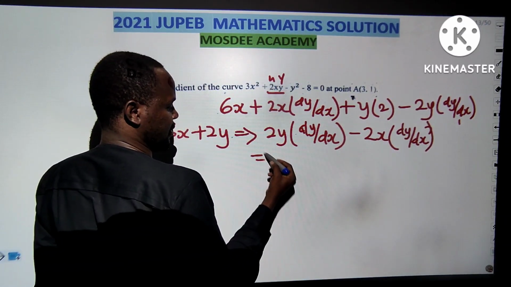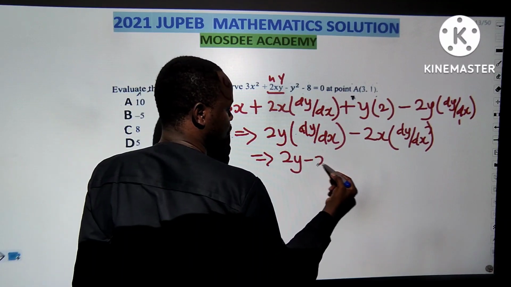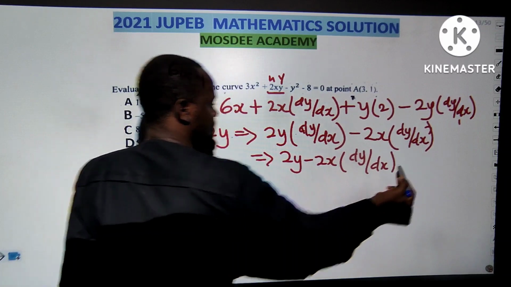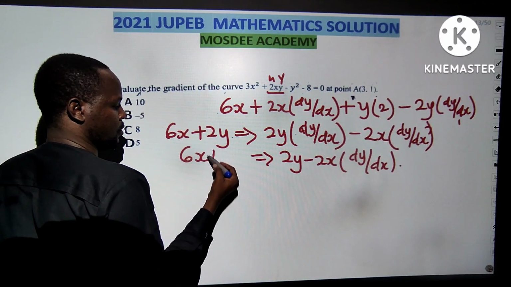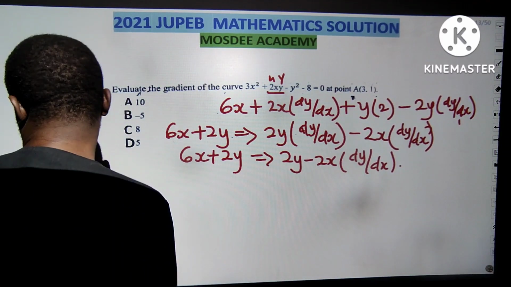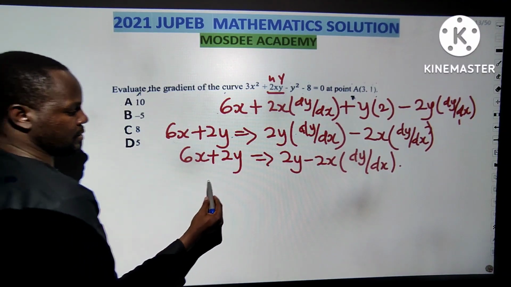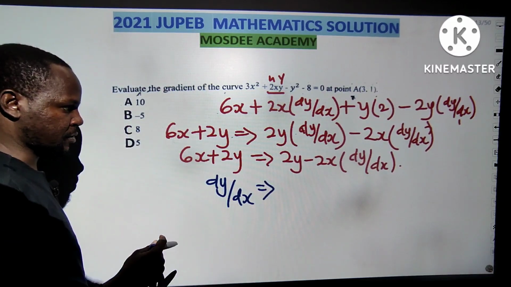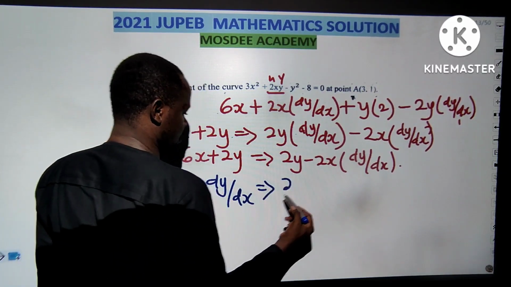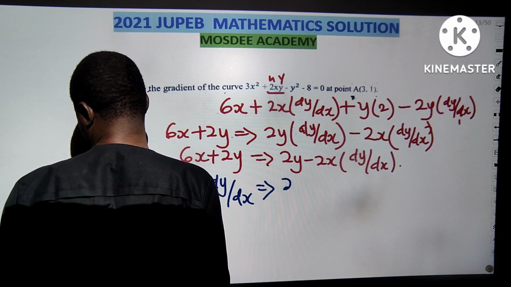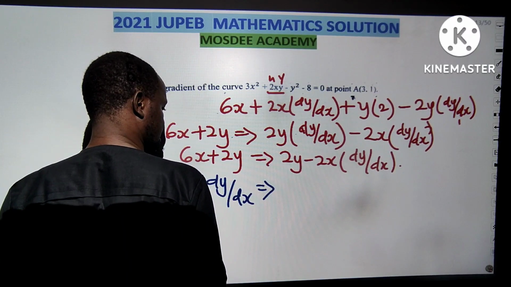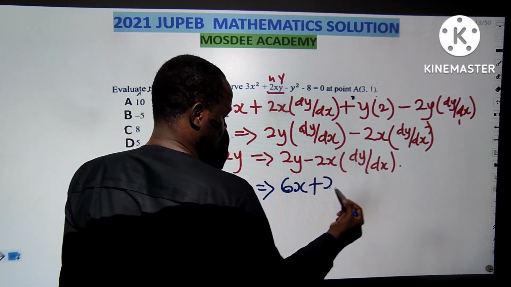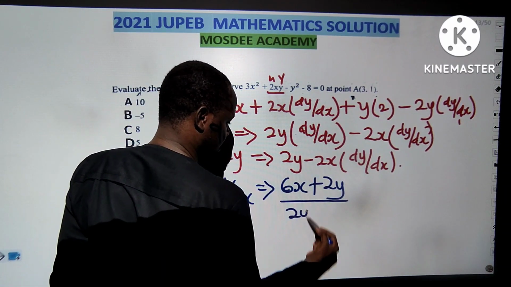So we rewrite this in this format, 2y minus 2x dy dx, and this is 6x plus 2y. So dy dx is equal to 6x plus 2y over 2y minus 2x.